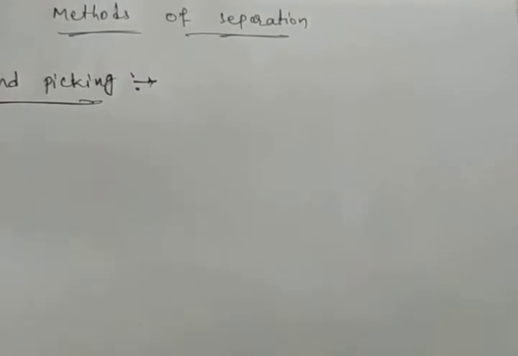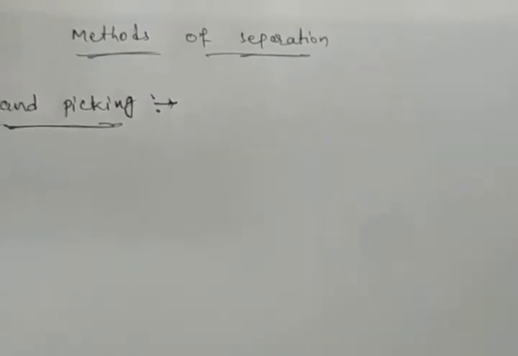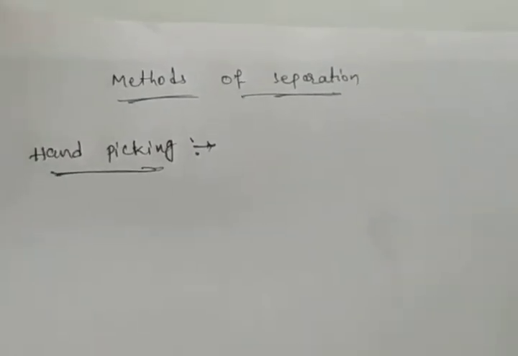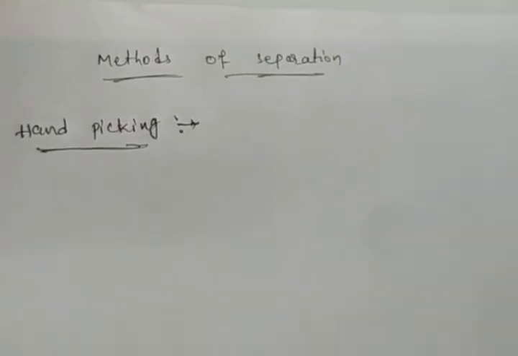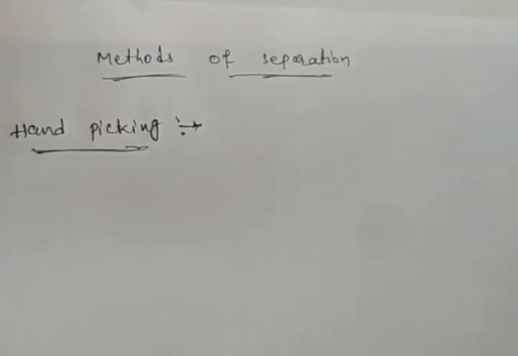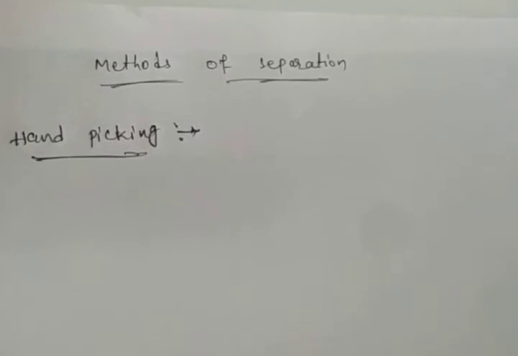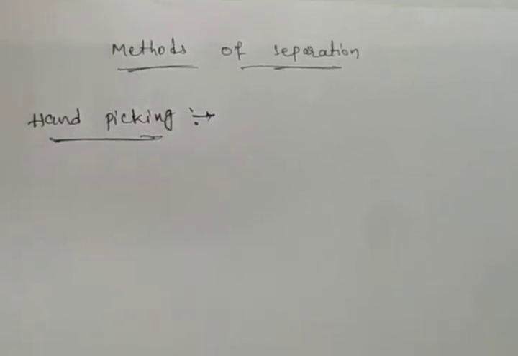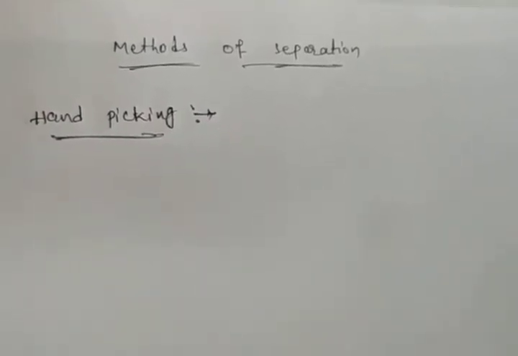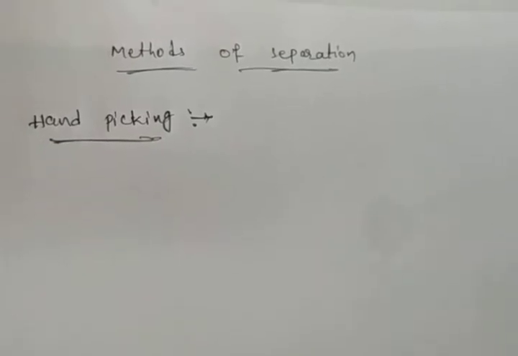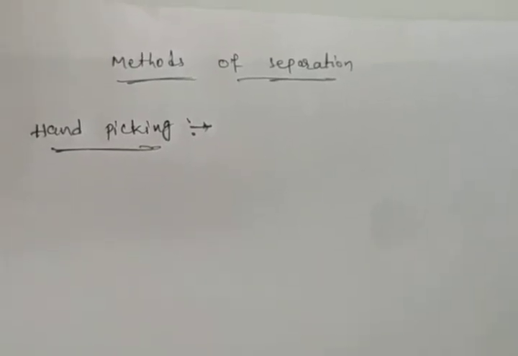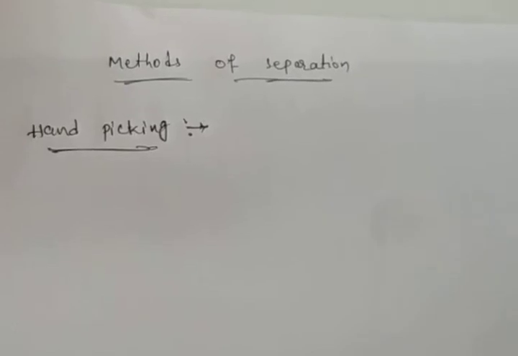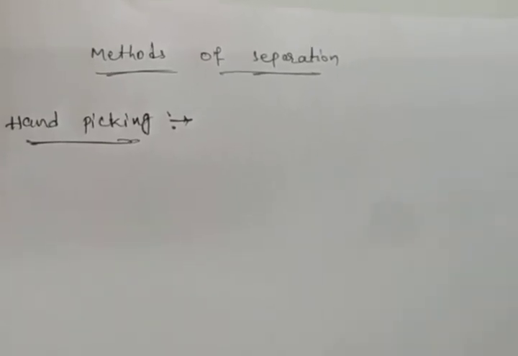This method of hand picking can be used for separating slightly large size impurities, like pieces of dirt, stone, and husk from wheat and rice. If there are stones in the rice, we can remove them by the hand picking method.